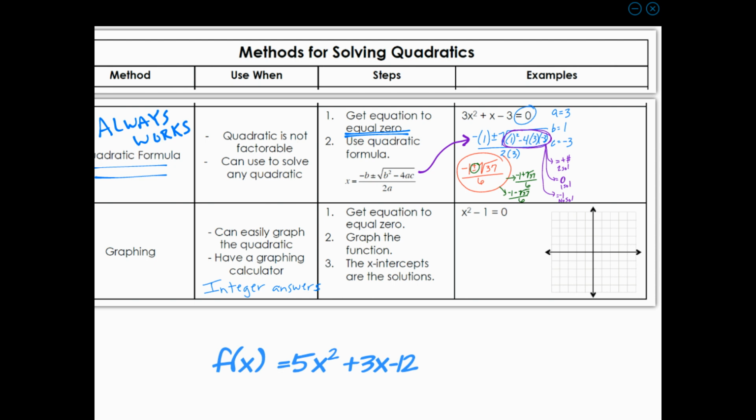So the other thing, notice again, it has to be equal to 0. Okay. The x-intercepts are the solutions.